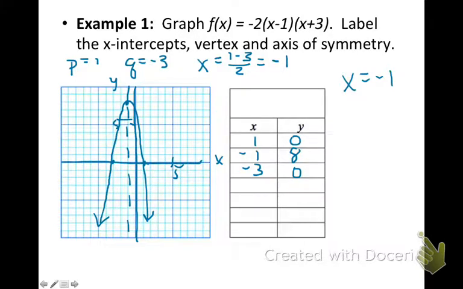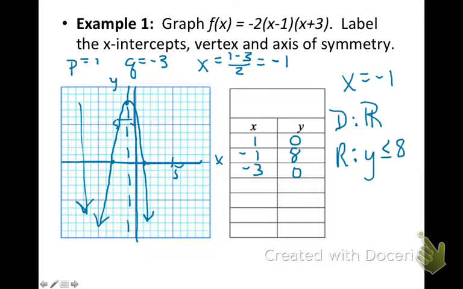And let's give the domain and range. So all real numbers can be used to plug in for x, and then my range, remember I'm going to look at the y value of the vertex, which is 8. Since this parabola opens down, then all my y values are going to be less than or equal to 8 to create that curve.